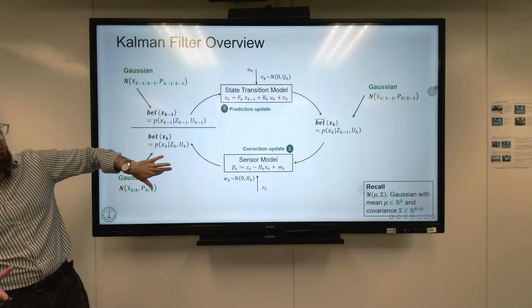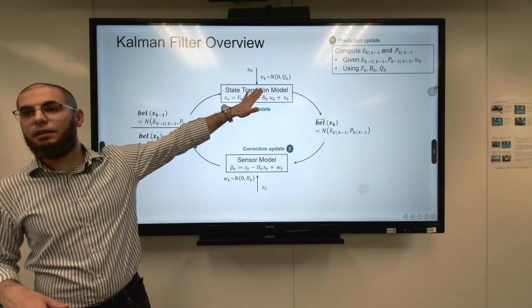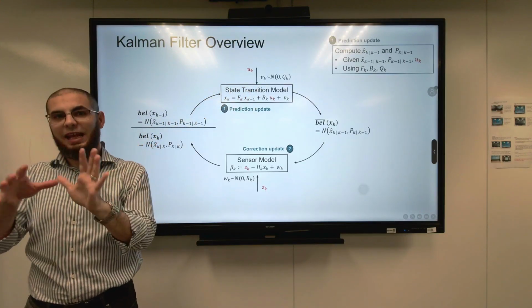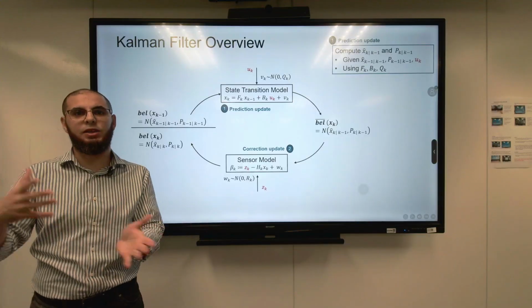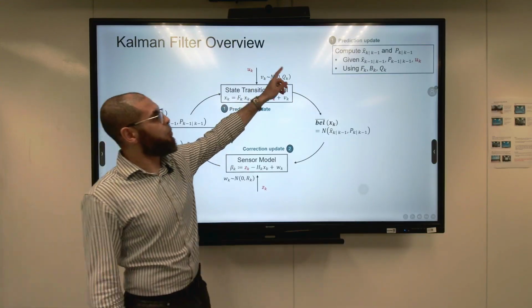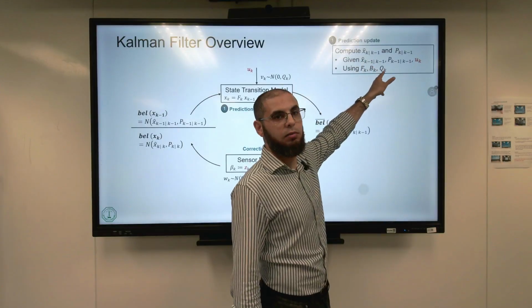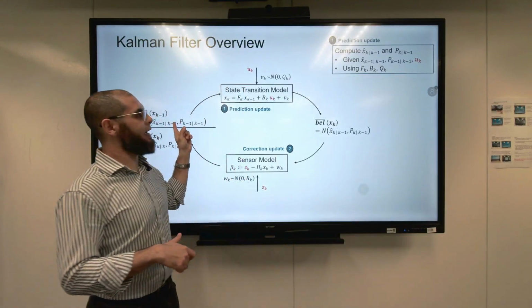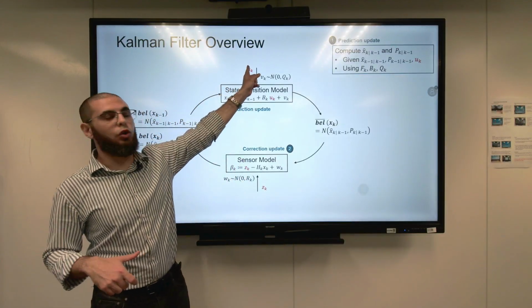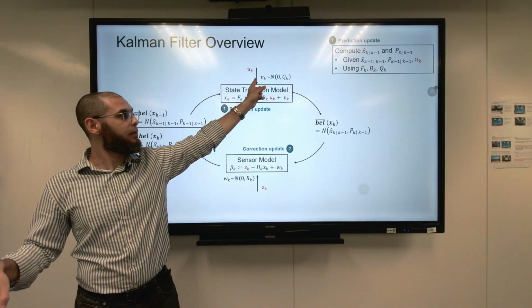To abstract it a little bit, the prediction update is just an input-output, how you would write it in code. You have a function that has inputs and gives you outputs. The inputs here are x hat k minus 1, the mean of the previous Gaussian, and the covariance. You also need the UK, the proprioceptive measurements.